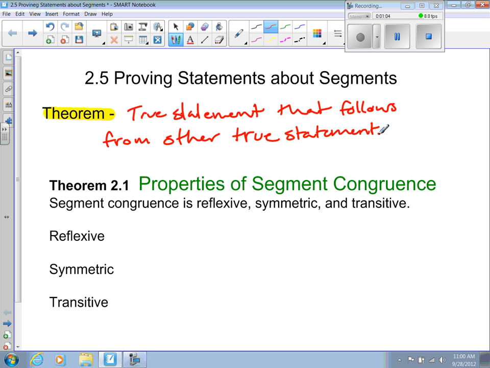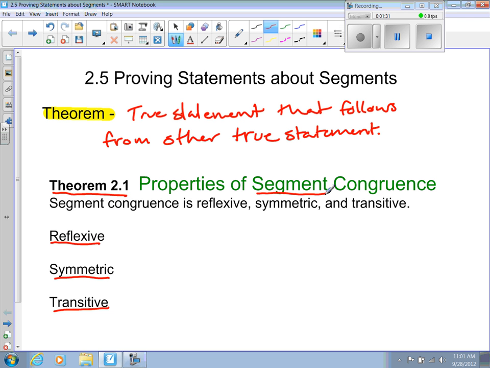So, properties of segments and congruence. Here's our first theorem of our book, and it's basically, if you've seen the words reflexive, symmetric, and transitive before, well, now we're going to apply those definitions or properties from lengths, right?